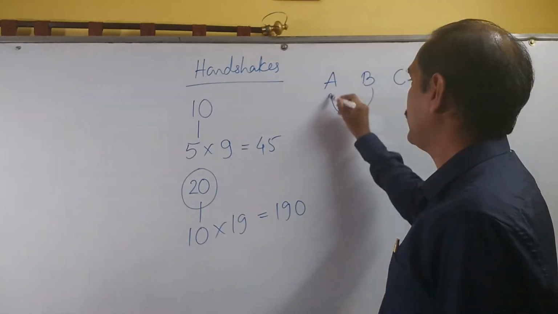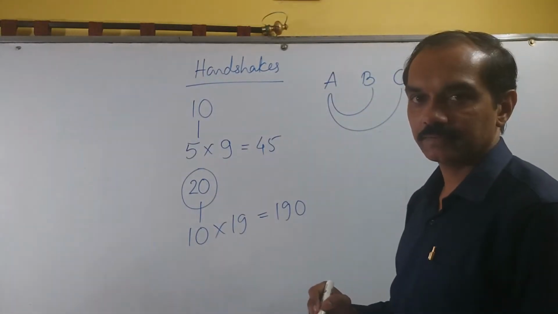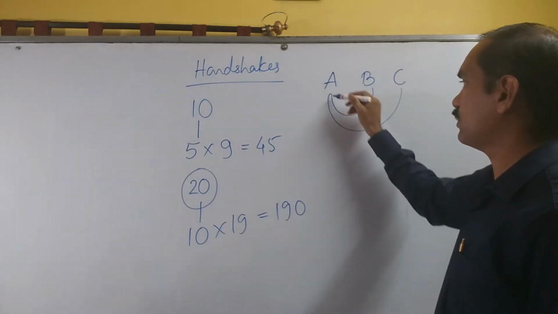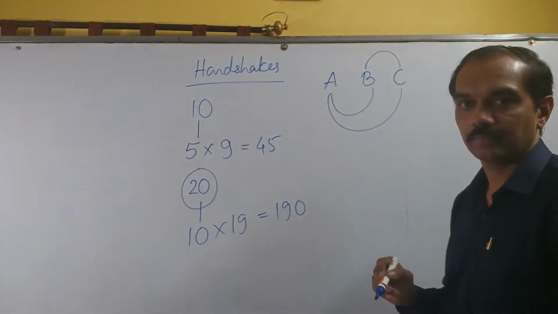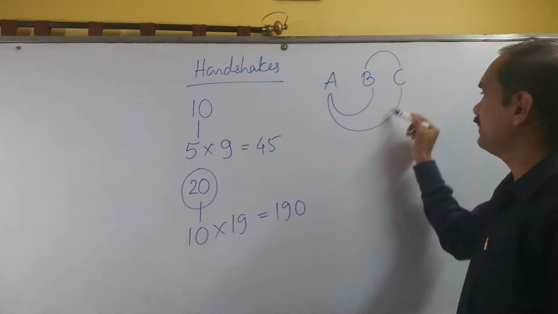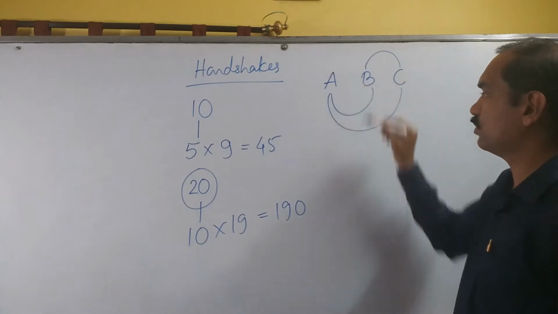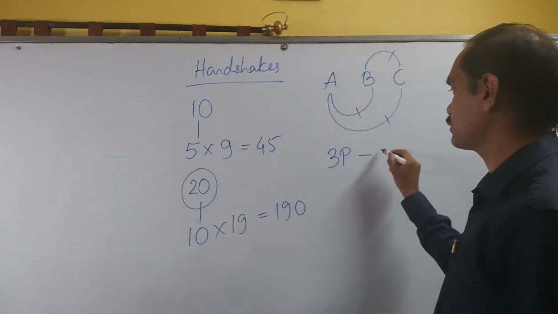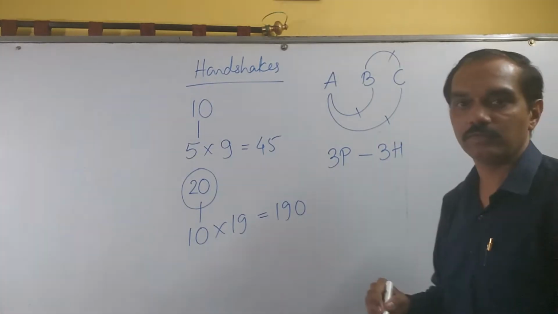A with B, A with C. Right? Now forget A. Concentrate on B. B with A is already over. B with C. Now let us forget B also. Concentrate on C. C with A is already over. C with B is also over. So in all 1, 2, 3. If there are 3 persons, we can expect a maximum of 3 handshakes.